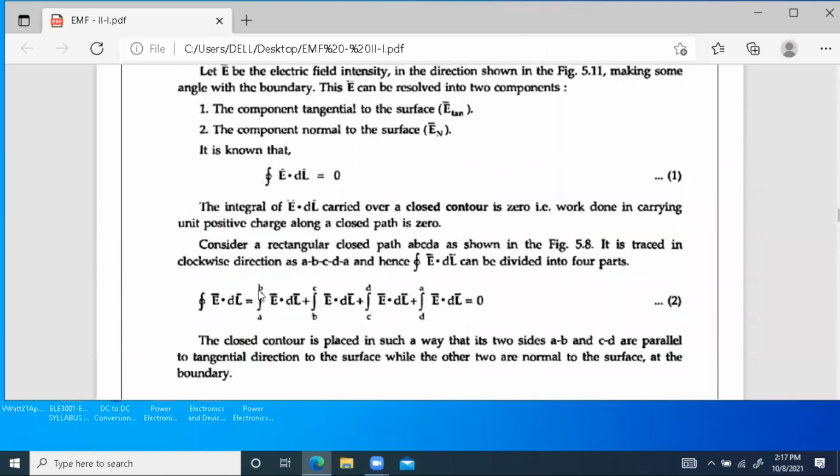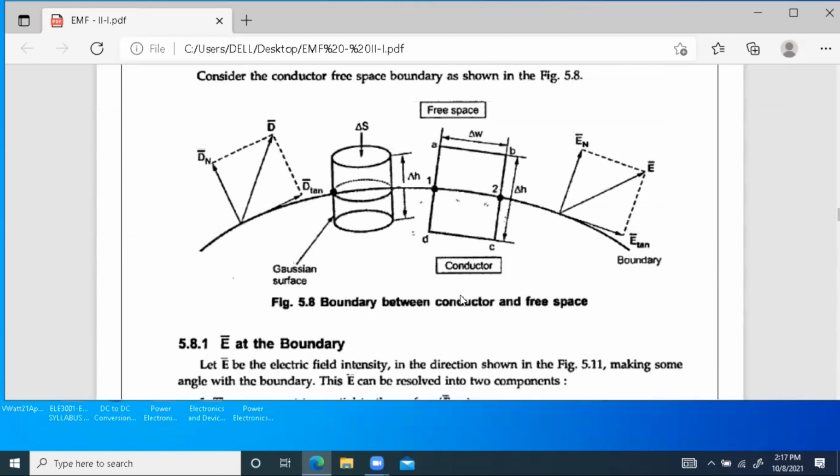So it's the integral A to B, B to C, C to D, D to E. That's your closed path. So for convenience, we choose the closed path so that this and this are tangential to the surface, while this and this are normal.